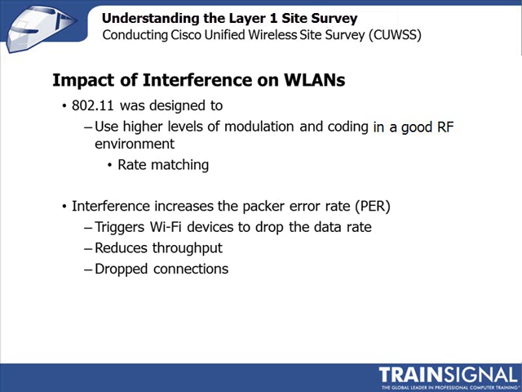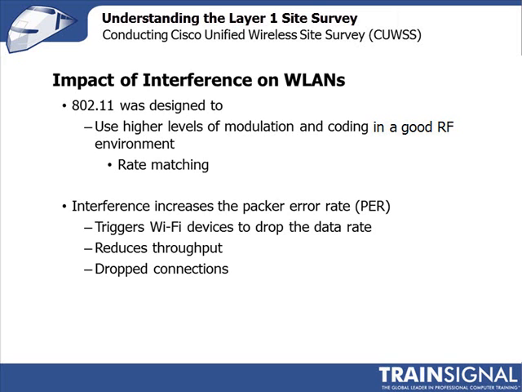Now you can only send 6 bits per waveform in good RF conditions, and so if you're suffering interference, what the system's going to do is say, oh, I can't use 64 QAM, I'm going to have to drop back to 16 QAM or even QPSK. If you drop back from sending 6 bits per waveform or 6 bits per modulation symbol down to QPSK, which is 2 bits per waveform, you've reduced your data rate threefold.